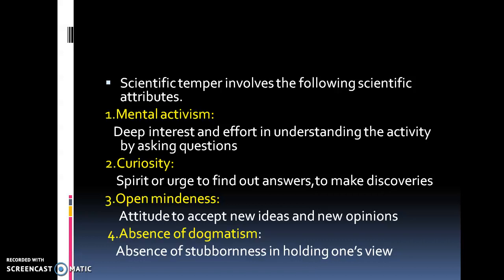The first one is mental activism. Mental activism is a deep interest and effort for understanding the scientific inquiry by asking questions. We need to ask questions to build a deep interest in the subject.